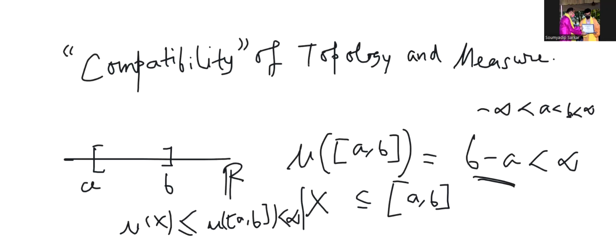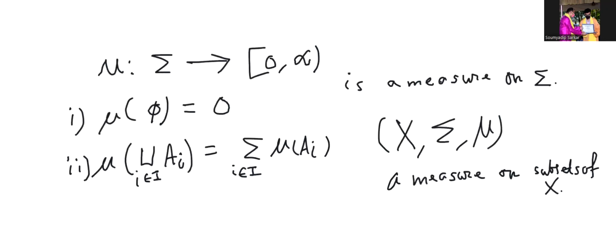So, one thing I want to emphasize is that in the definition of measure, I said that this measure can only be a non-negative real number. But in fact, sometimes infinity is also allowed.